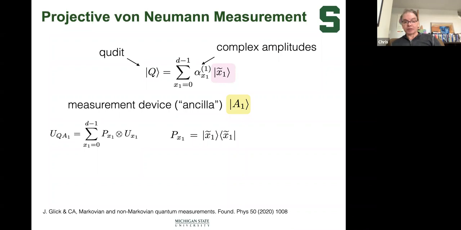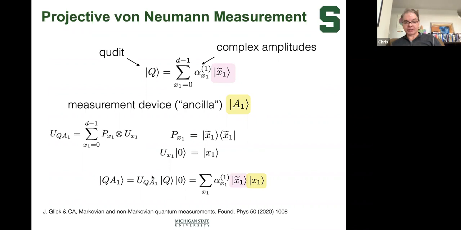Okay, so the projector, you know how it looks like. And this operator, basically, if I'm acting on the zero state, it moves the zero state into the x1. So you can think of it as a ladder operator. In fact, it kind of really is one. All right, so when I apply this, obviously, what happens is that I'm pushing all of these states here, and basically, now after application of this unitary operator, I have an entangled state.